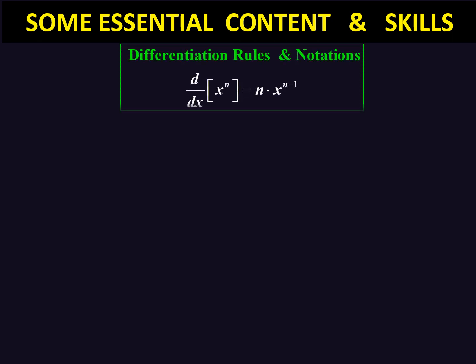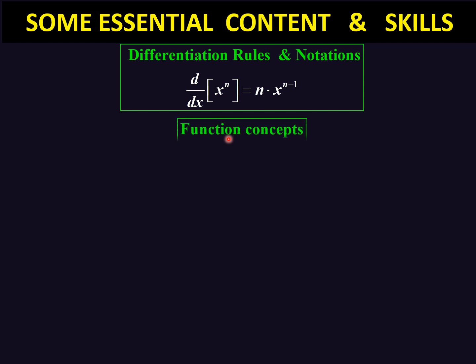The most important one is your differentiation rules and the different notations that will be used. Let's look at this one here. We use the d/dx notation and we have d/dx of the power x to the n. And how do we apply the power rule here? n x to the n minus 1. And we can use the d/dx notation or we can use the prime notation as well.